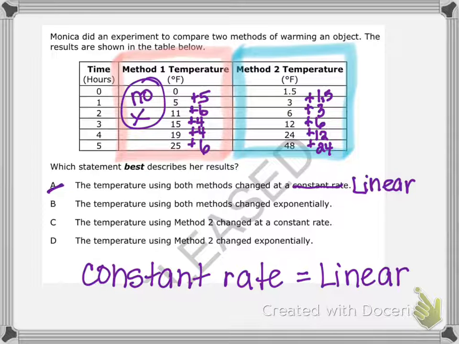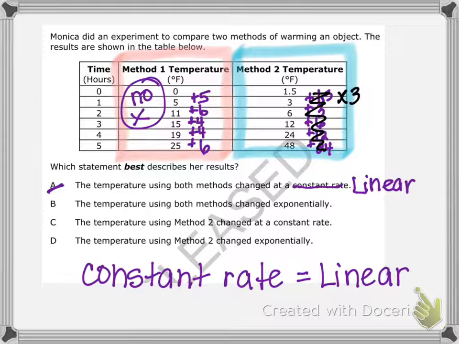So then I look at method 2. I have 1.5. I would have to multiply that by 2 in order to get to 3. So we're going to come over here, since we already did the addition, and I'm going to mark that out because we know it doesn't work. So we're going to do times 3.